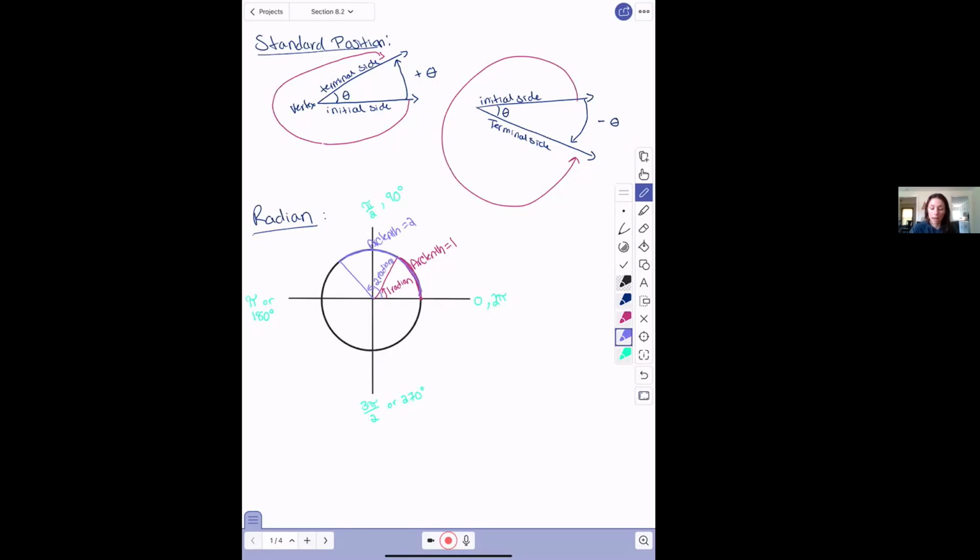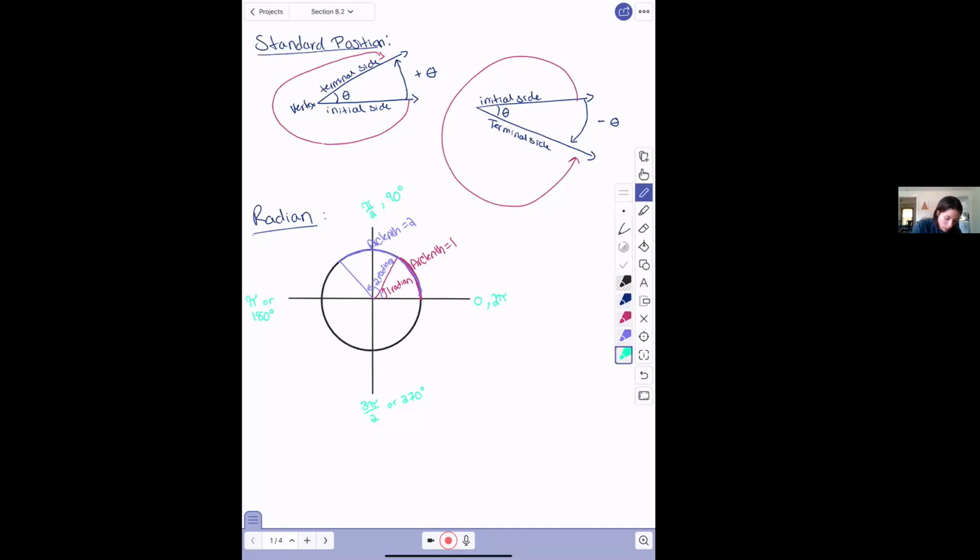Okay, notice that this first radian is about 1/3 of the way from 0 to pi. The second radian is about 2/3 of the way. So that's where the number pi comes from, right? Pi is 3.1415, whatever.